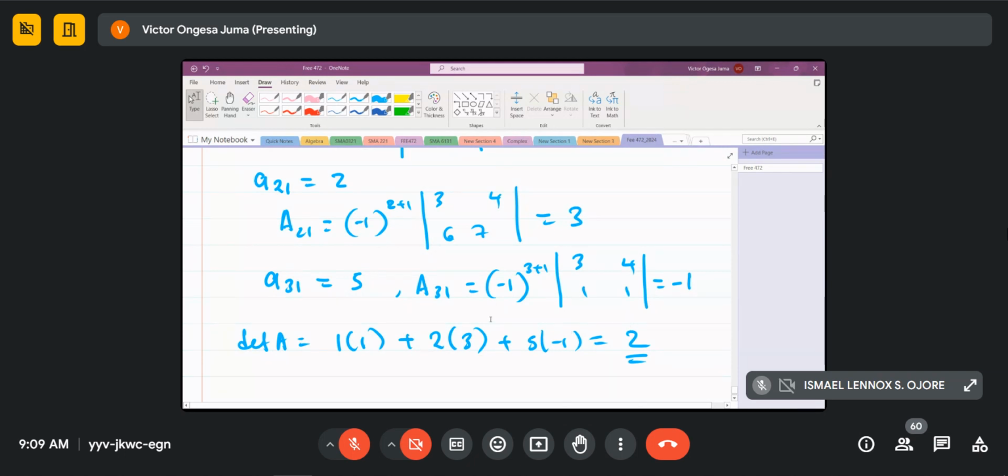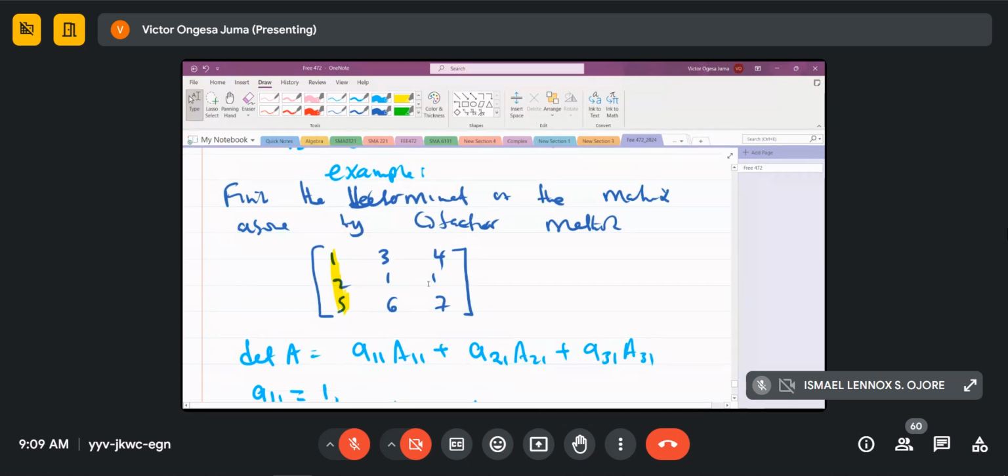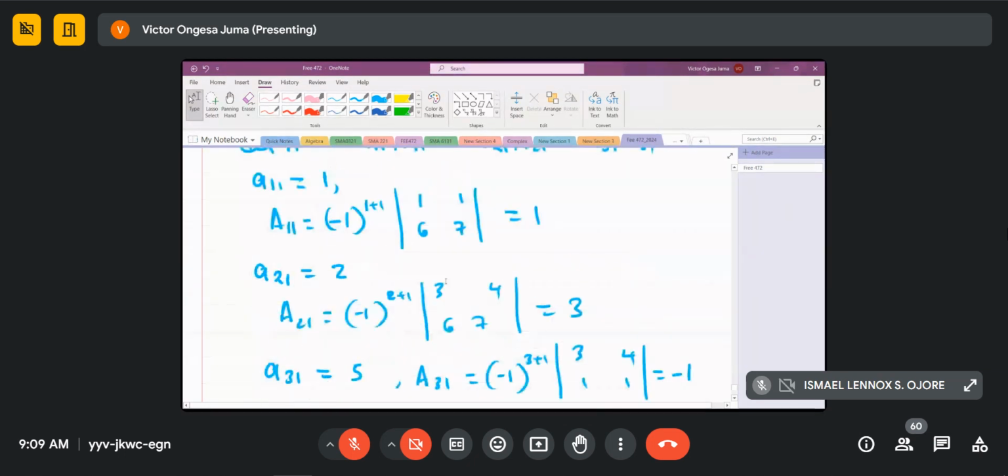Correct. Yeah. And so even if you have a 10 by 10, that's why it is tedious.